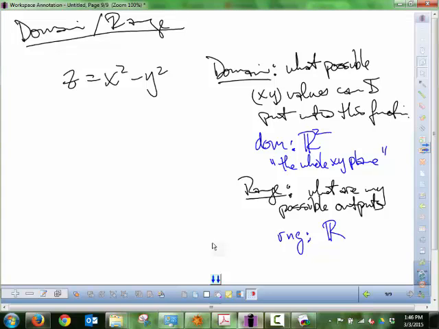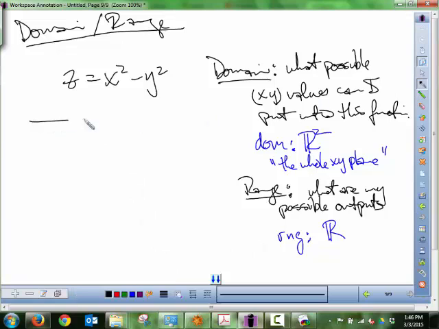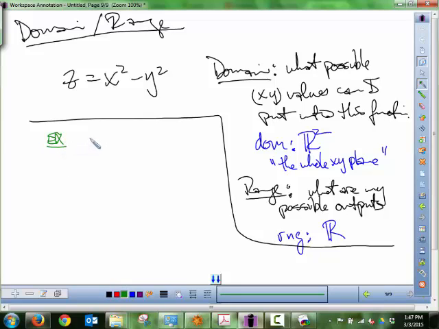So now let's do a different function that might not have such a nice domain and range. Let's do another problem. Let's do it here. z is equal to x squared plus y squared. What's the domain for this one? We can put any number in there and it'll work, right?